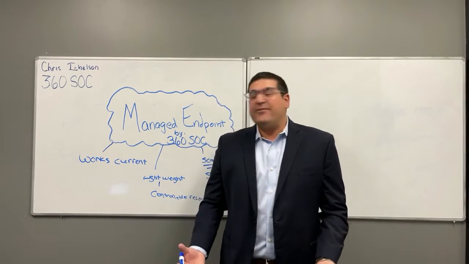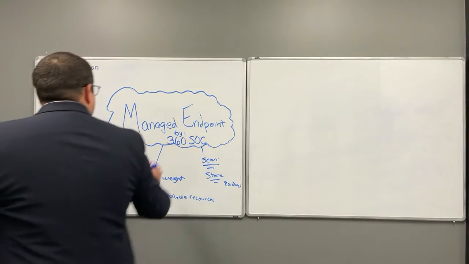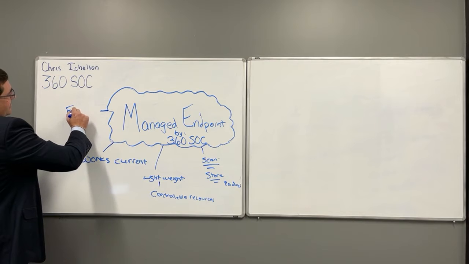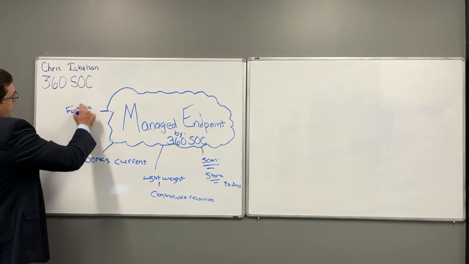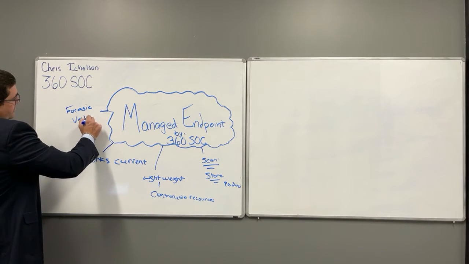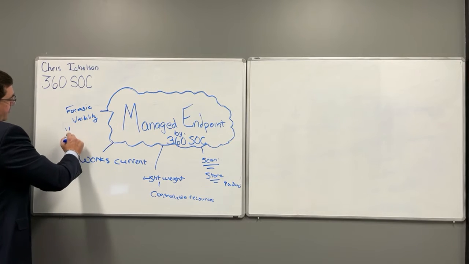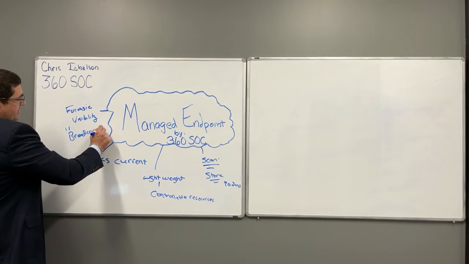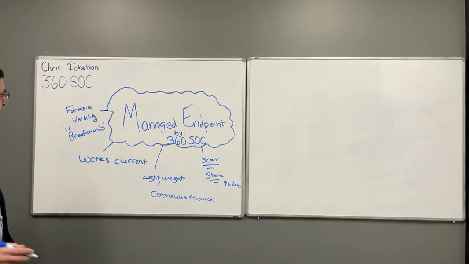And what is different? Taking that managed endpoint further, it's going to give us that forensic visibility to do what we love to do, which is breadcrumb your environment. It's going to give us the ability to breadcrumb the endpoint.